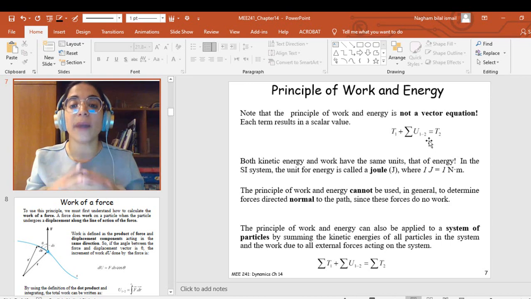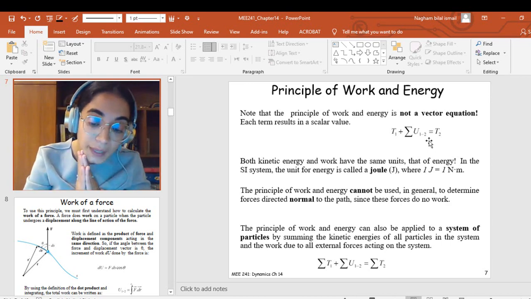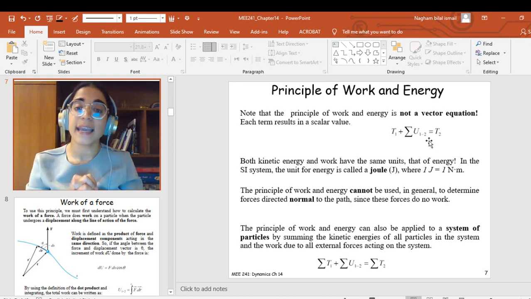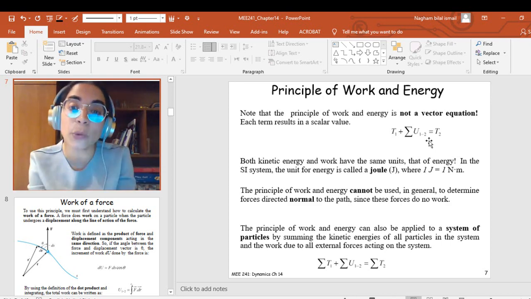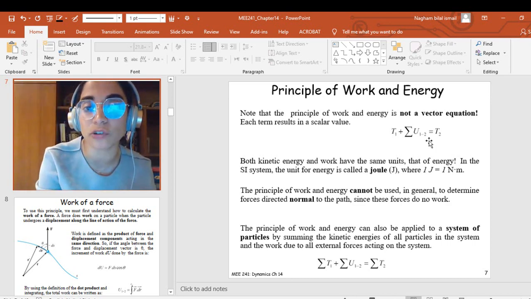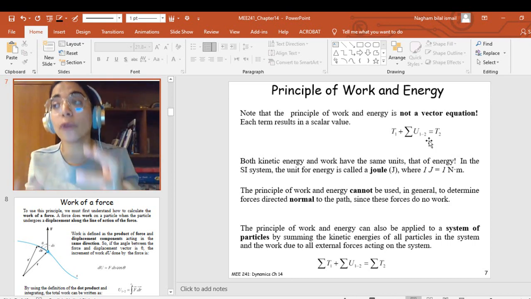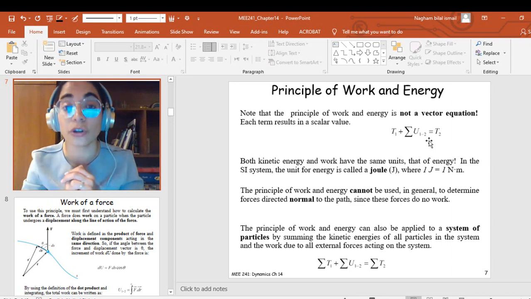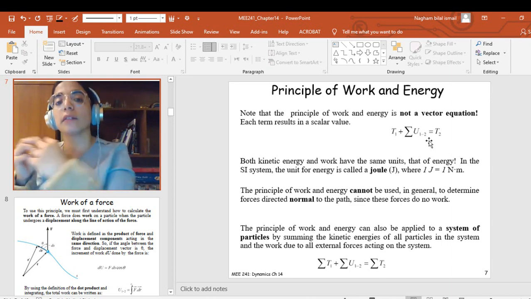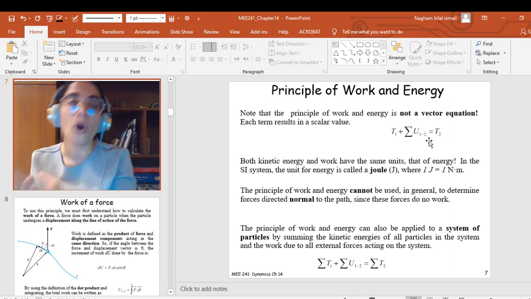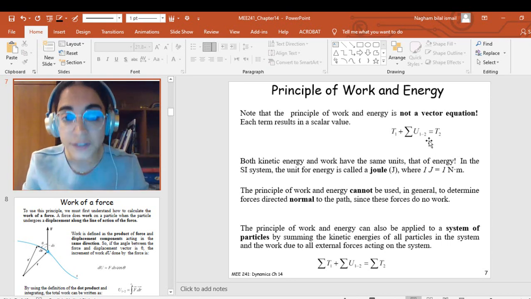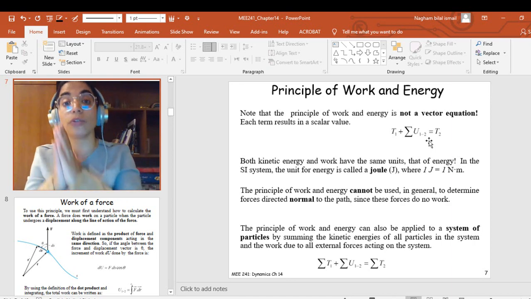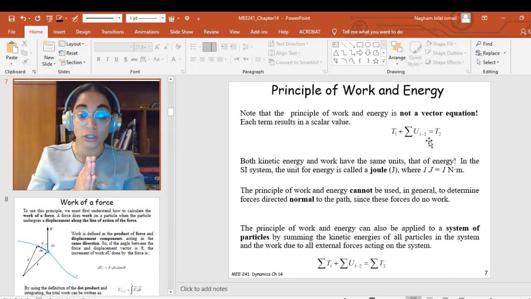So this is, guys, the principle of work and energy, and what you have to know, and this is good news in fact, is that this principle of work, given by this equation, the kinetic energy at position 1 plus the sum of work done by the forces exerted on this particle is equal to the kinetic energy at position 2, or in other words, the sum of work done by the forces exerted on this particle is equal to the difference of kinetic energy.